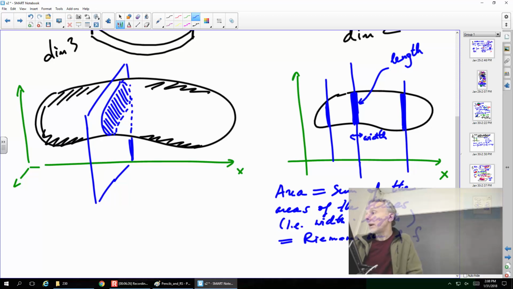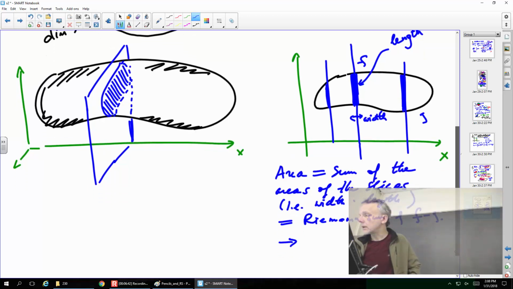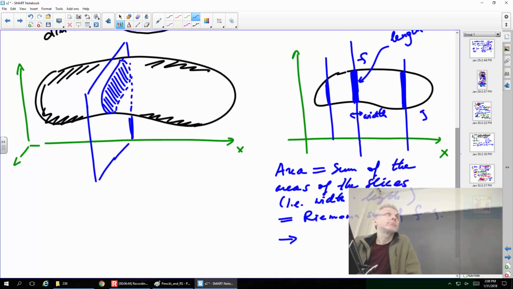Of f minus g, if f gives me the upper edge of my curve and g gives me the lower edge of my curve. Okay? When I take the limit, the Riemann sum turns into what? A limit with making those slices thinner and thinner. What does it give me? Riemann sums converge to what?